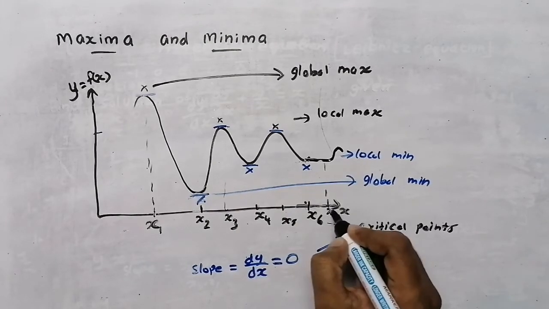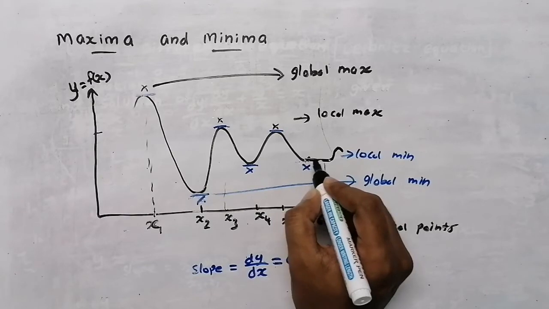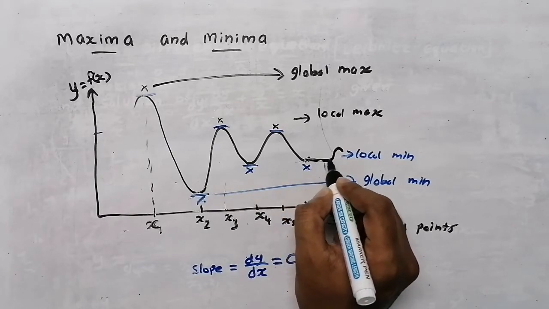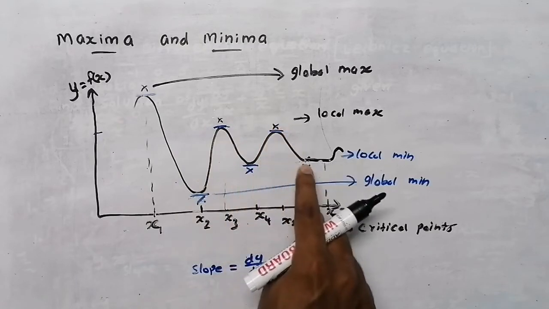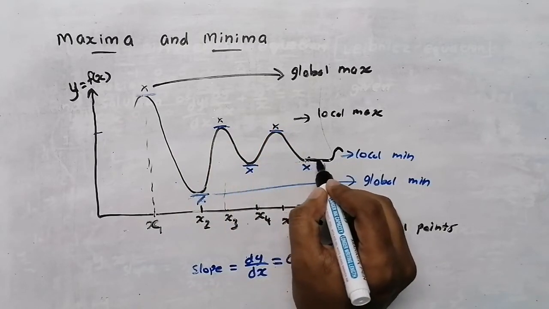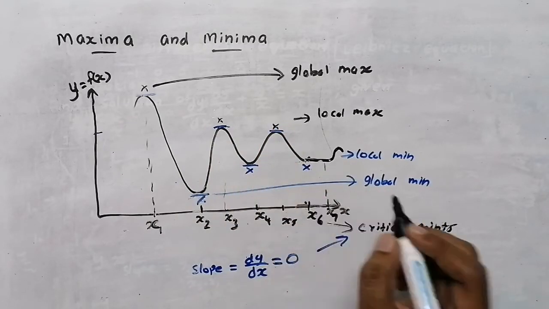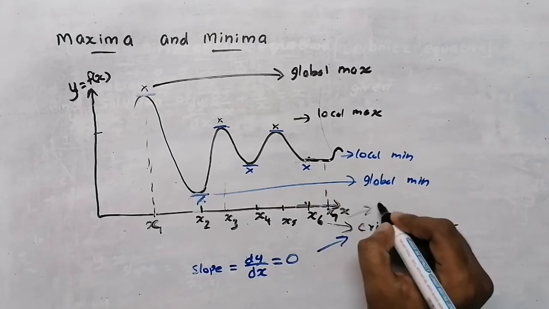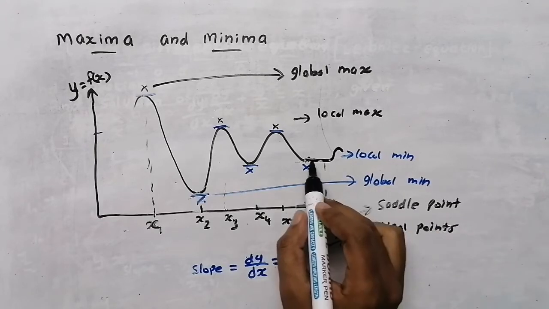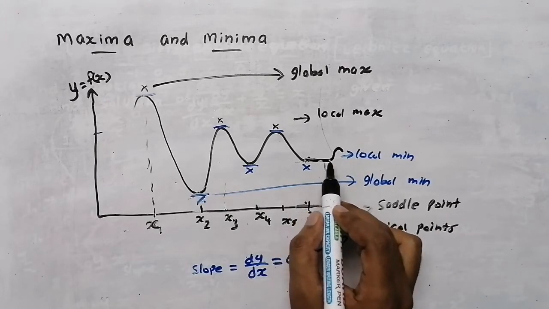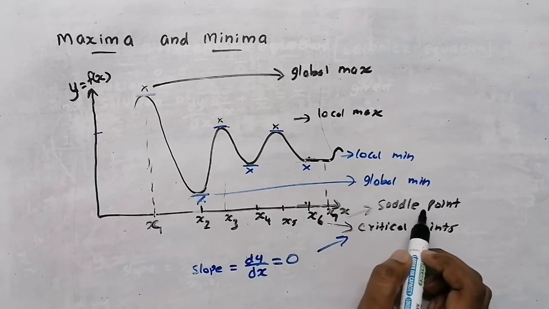But there is a point at which the slope is 0 but the function is not changing. See, it is in a straight line. At all the other places, the function is changing from positive to negative. But here the function is not changing, but the slope is 0. Those points we will name as saddle points. The point at which slope is 0 but the function is not changing is a saddle point.